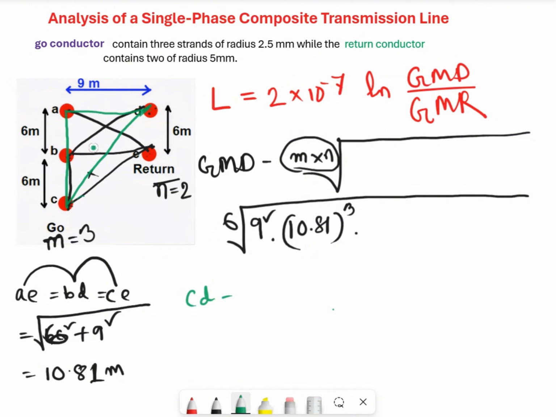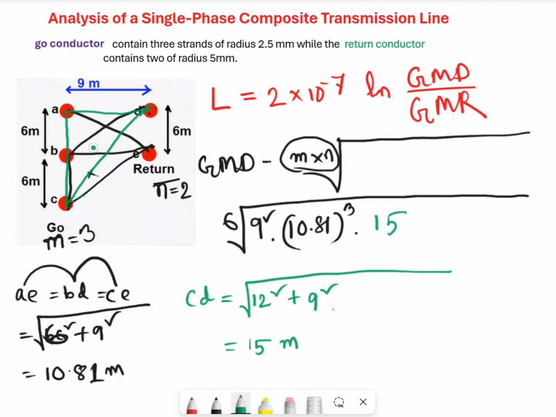So CD is equal to square root of distance AC, which is 12 square, and AD, which is 9 square. What we have is 15 meter for CD. Let's plug in the value of 15 here.